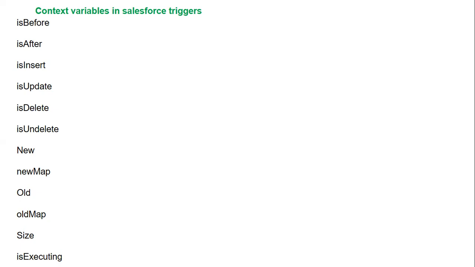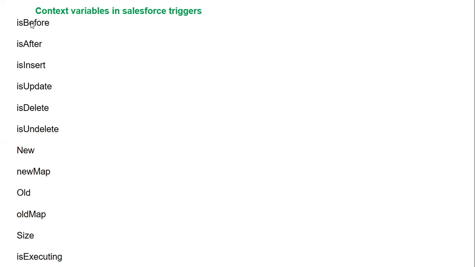If you retrieve the records from the recycle bin, then we have a context variable called isUndelete. In that scenario, it returns true, otherwise it returns false. So these are the context variables.